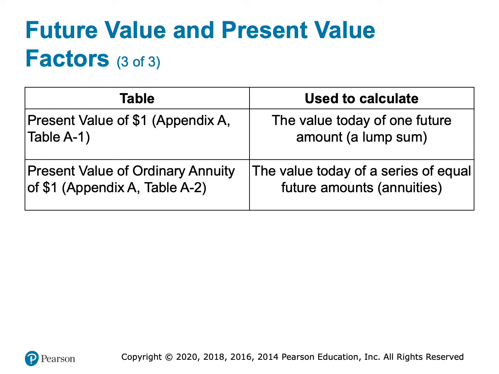This is when the cash flow occurs one time and one time only. And then you'll see present value of an annuity. An annuity is a series of cash flows. So anytime we have a cash flow that happens every year, we're going to use the annuity. So if it's an annual cash flow, we use the annuity table.